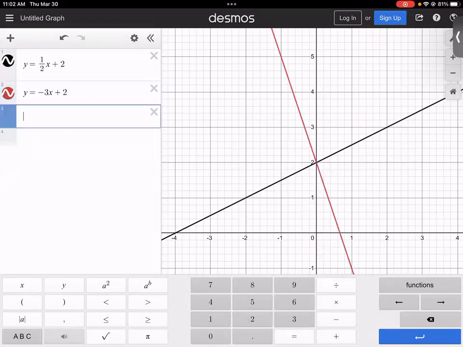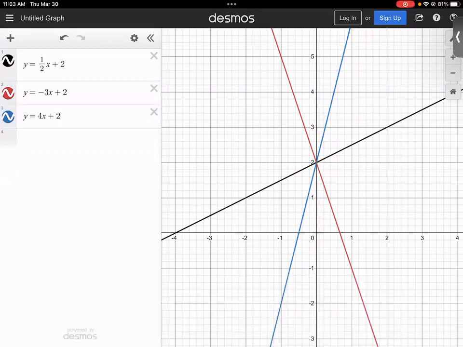And I'm going to put in the line y equals, how about 4x plus 2? Okay. What's the same about these lines? They all intercept the y-axis at 2, but what's making them different?